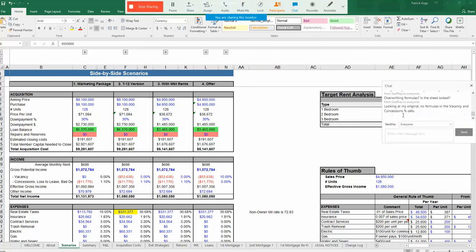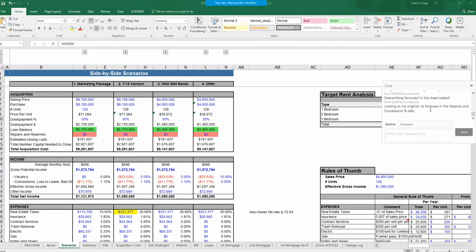Let me see, make sure. Looking at my original, no formulas in the vacancy and concessions percentage. Gregor, are you talking about the one you have or the one I'm showing right here?